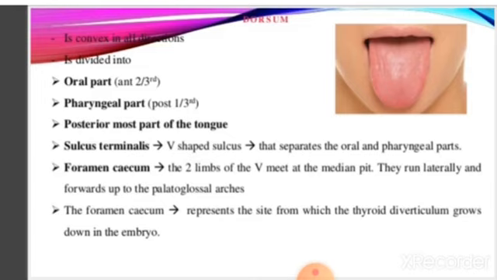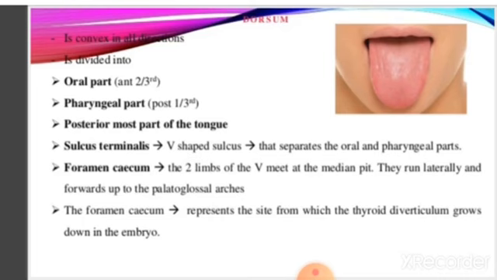The two limbs of the V meet at the median pit. They run laterally and forwards up to the palatoglossal arches.